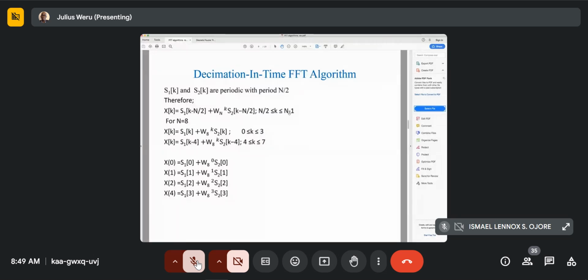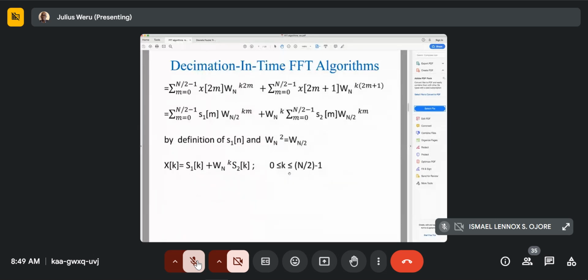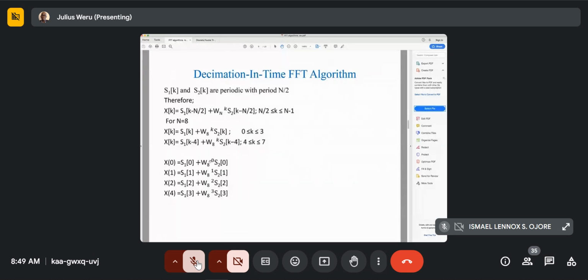The first samples we are dealing with is from 0 to n over 2 minus 1. And you are using periodicity and saying for the samples n over 2 to n minus 1, we can simply apply this.